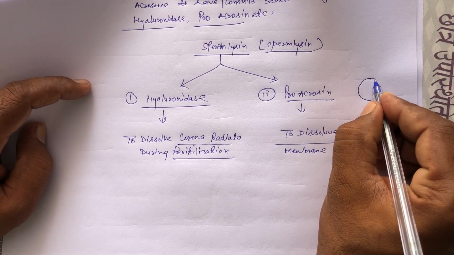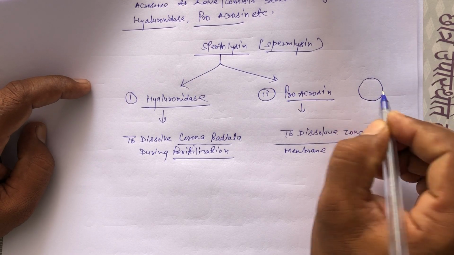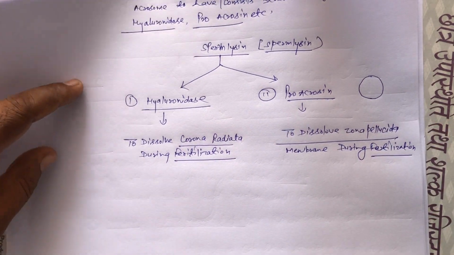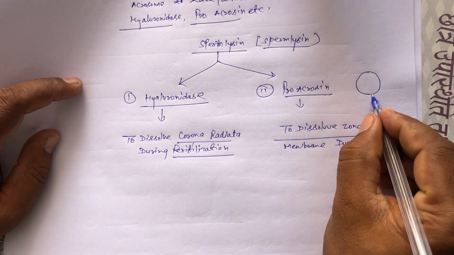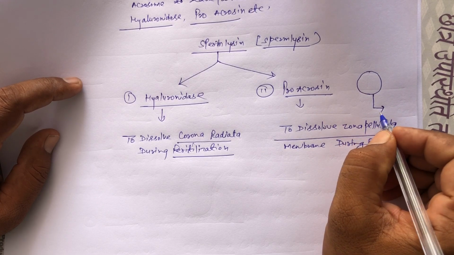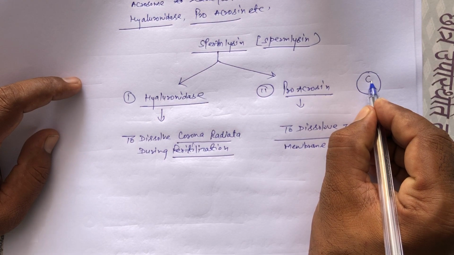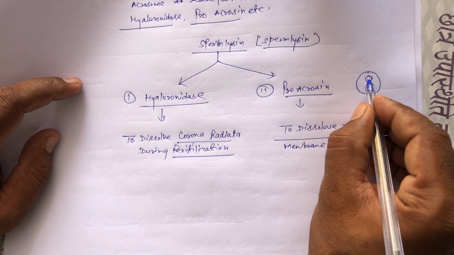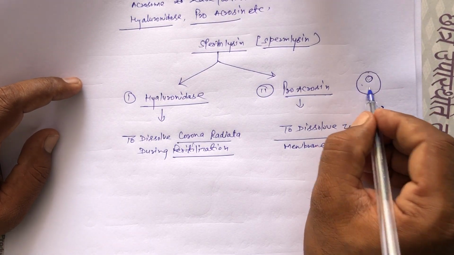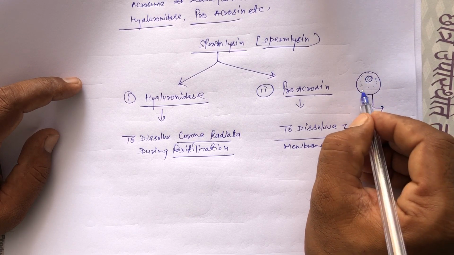Students, I draw a figure of the female gamete. It means the ovum. It is the egg membrane or ovum membrane. It is the haploid nucleus. It is the ooplasm.